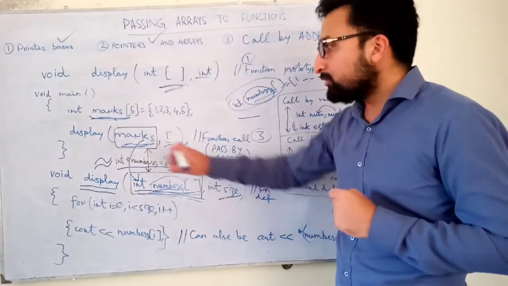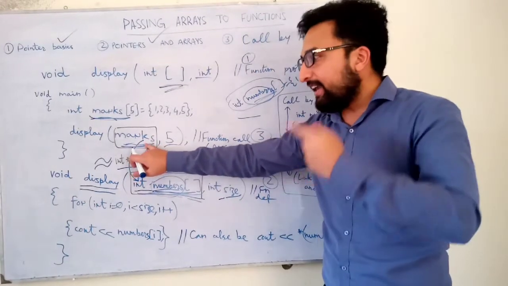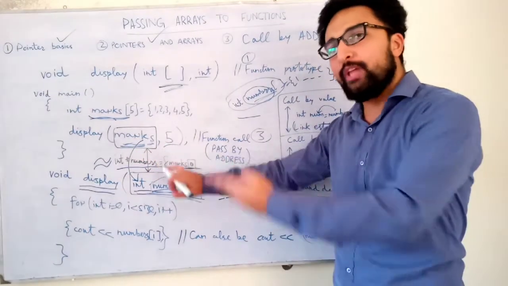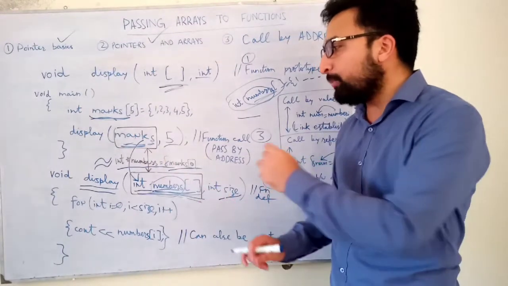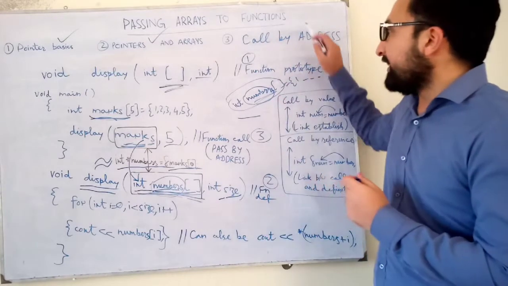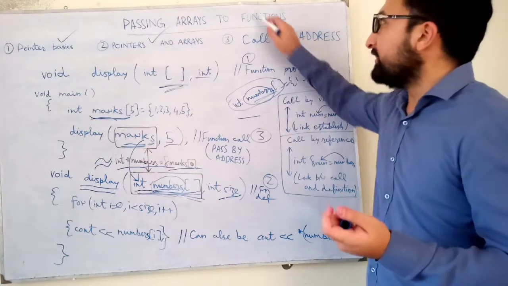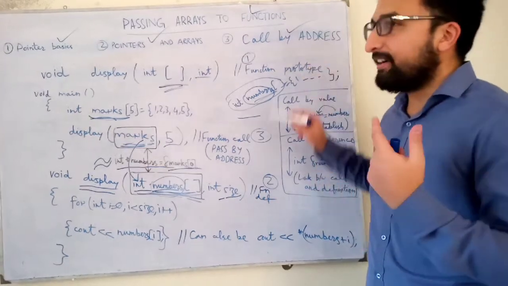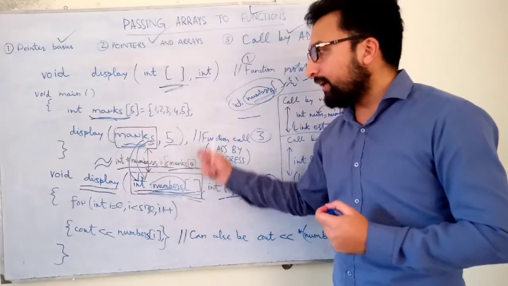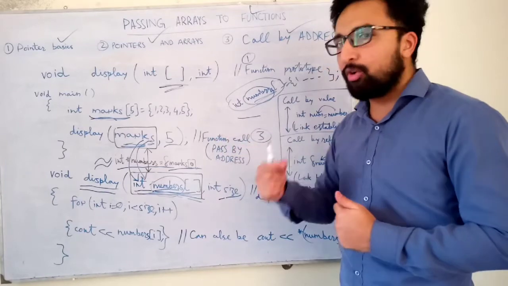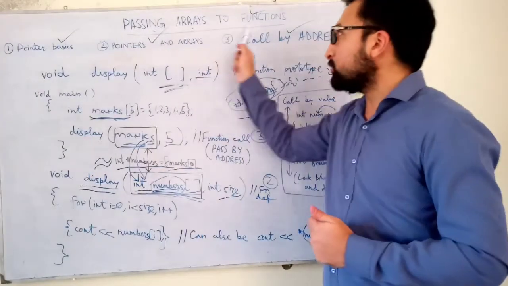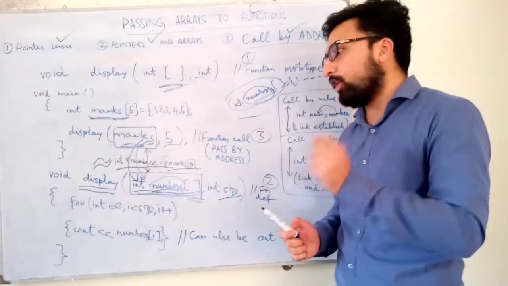argument here as well. The first argument is basically an address, since the array name is the starting address of the array. The second thing is the size that takes us to the ending of the array. So these two things need to be passed during the function call when we are passing arrays to functions, and that is why it is called call by address or pass by address, because the address is being passed during the function call.